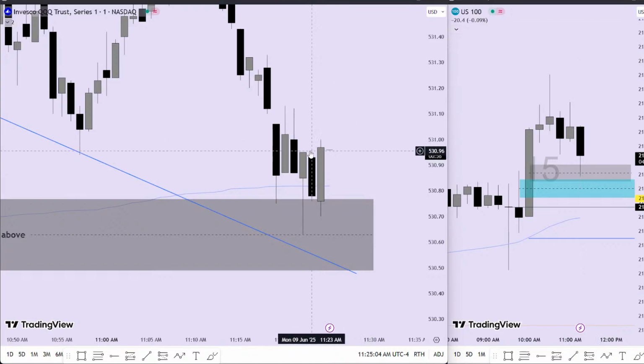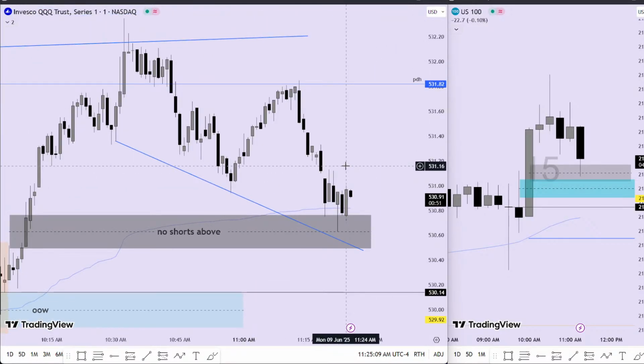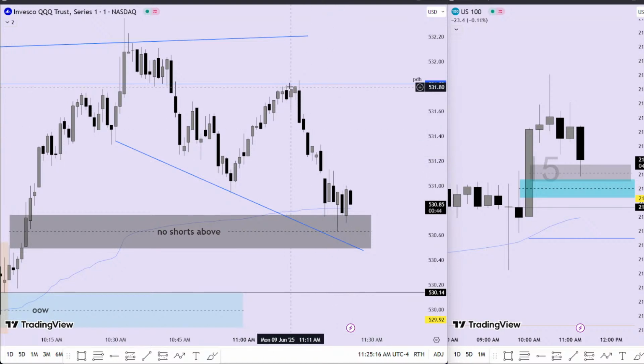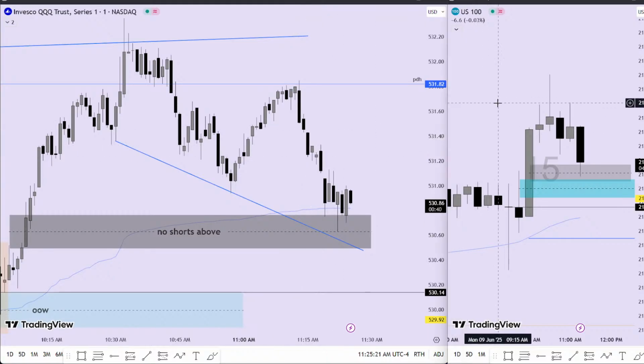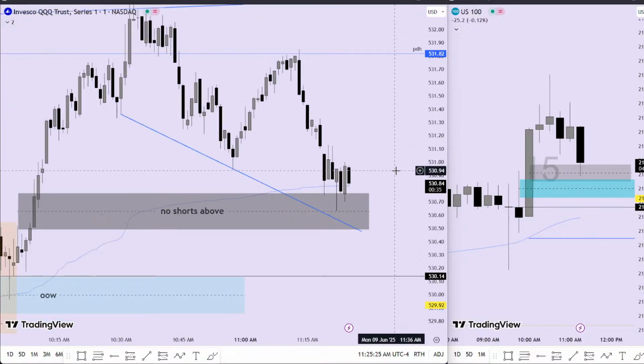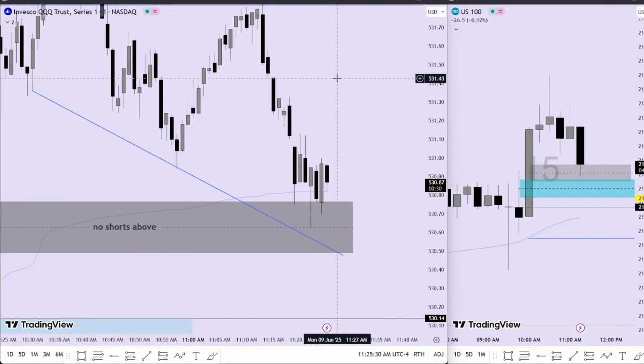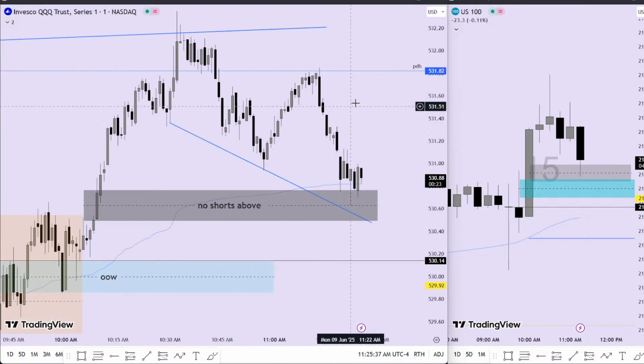We closed above the previous bar high. Can easily come back.